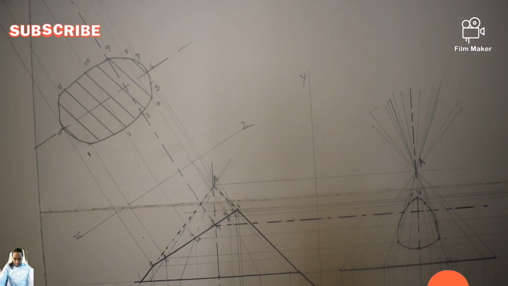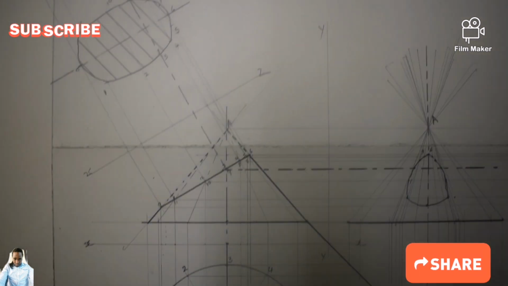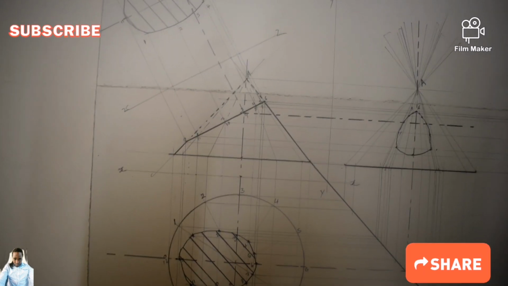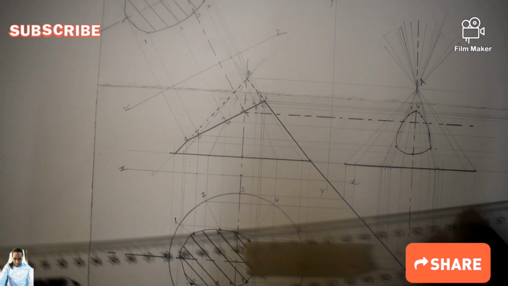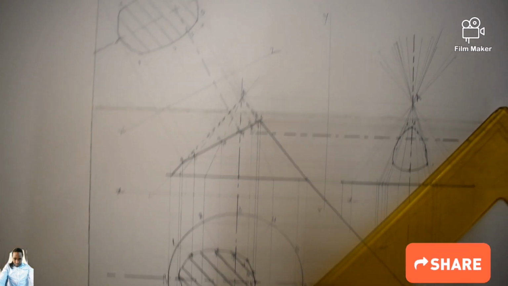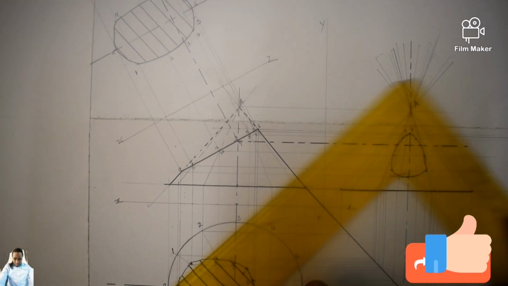Then from there, even your left view is supposed to be in sectioning. Then section your left view, this is what is going to be in sectioning.